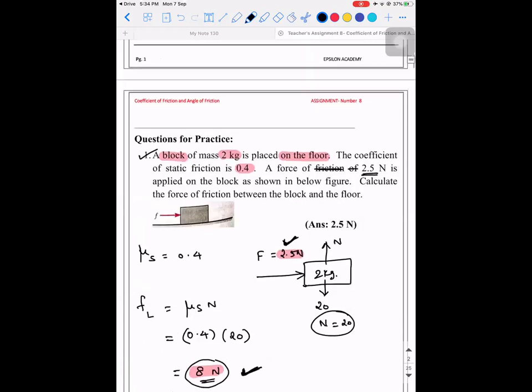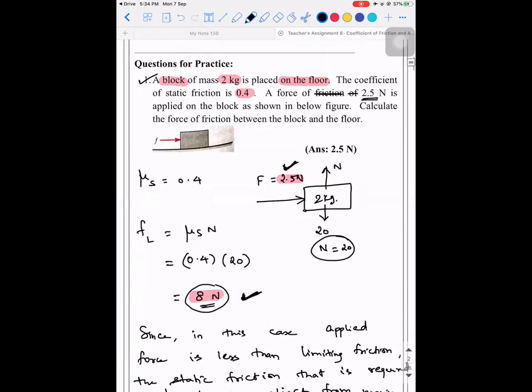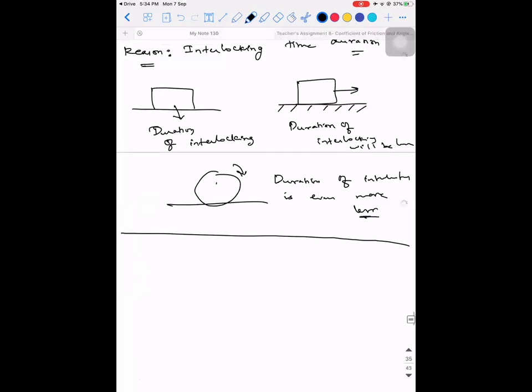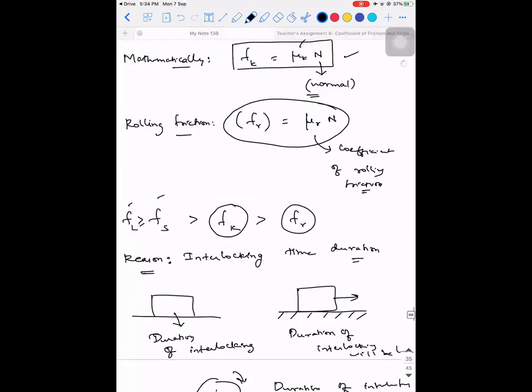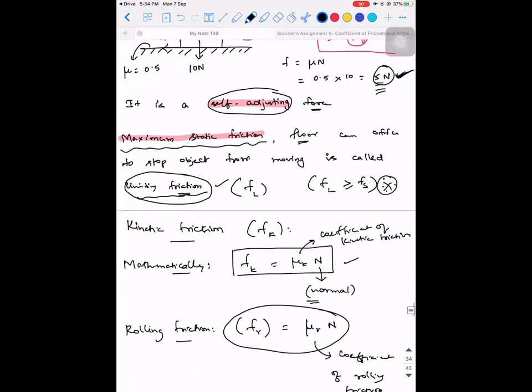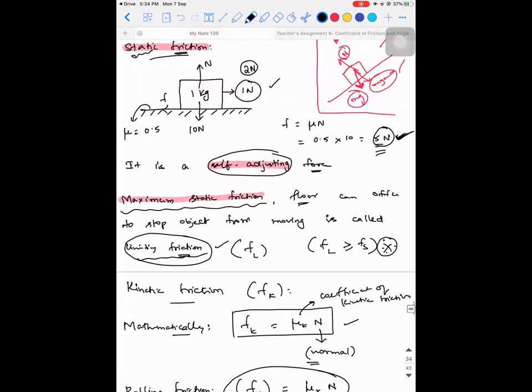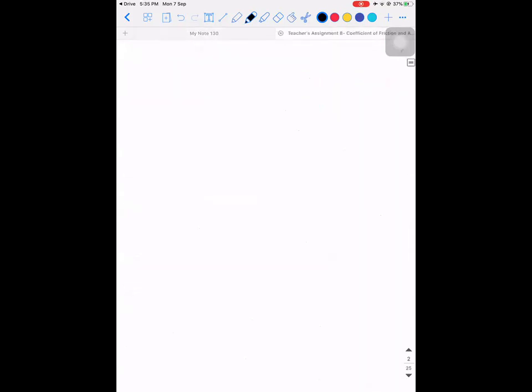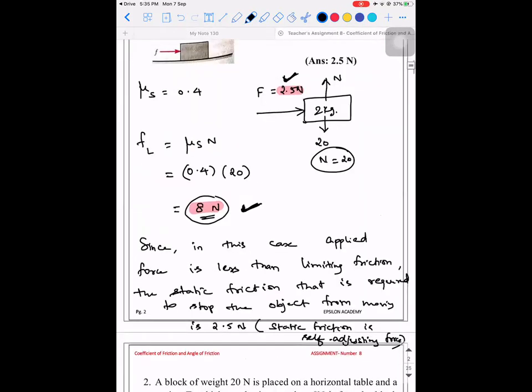It is not 8. All the 8 Newton will not come into picture. Last class I told you, when you apply 1 Newton, 1 Newton will come. 2 Newton will come. Similarly, that will go on until the maximum. So here the same thing will happen. Okay, sir.